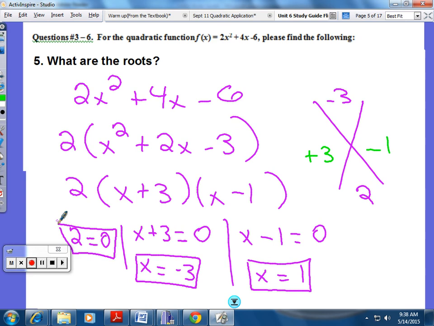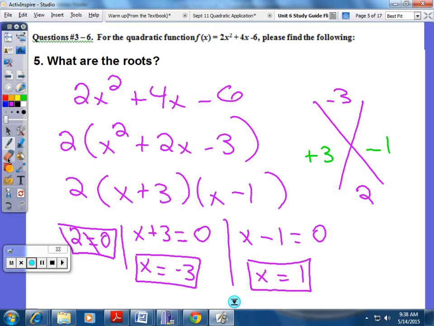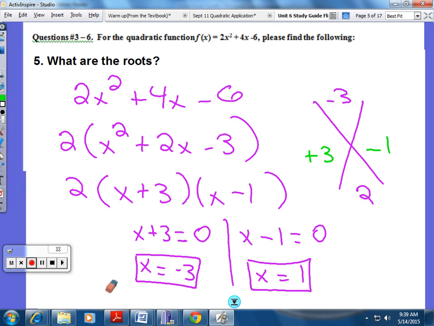So we get our three answers. Now, 2 is not equal to 0. That's an untrue statement, so that one is not considered part of our answer. So our two roots, the place where our graph crosses the x-axis, are x equals -3 and x equals +1.